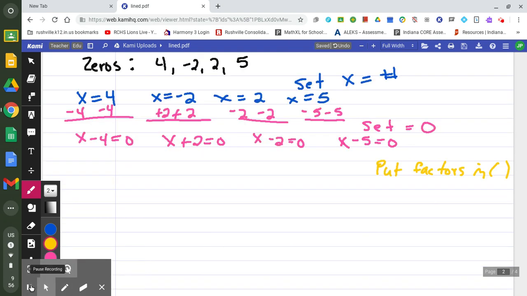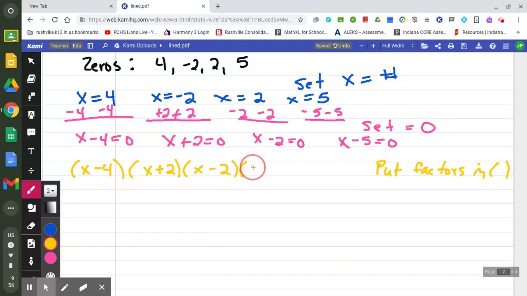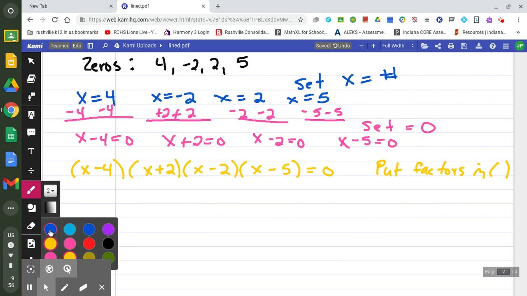Okay, we're going to put our factors in parentheses. So x minus 4 times x plus 2 times x minus 2 times x minus 5. Now we can only FOIL 2 parentheses at a time.